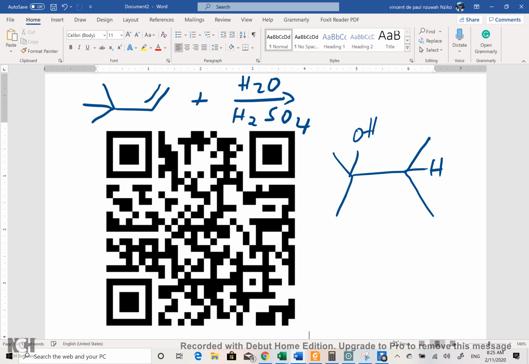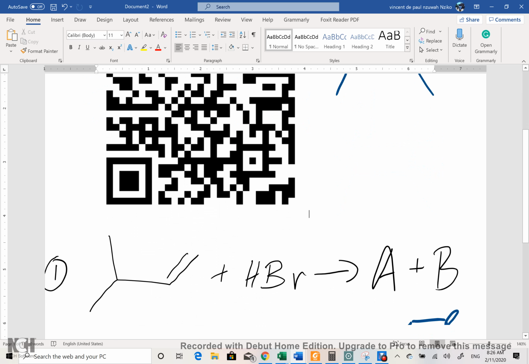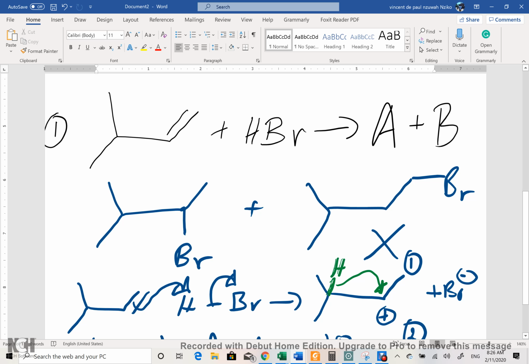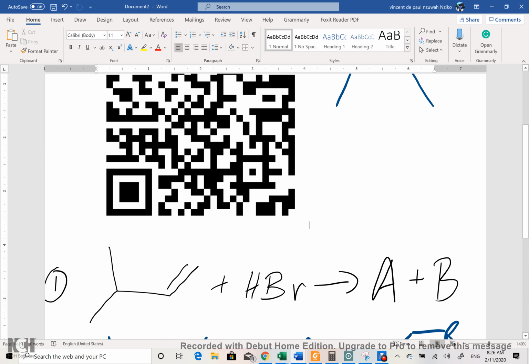Do you have this structure as your answer? Silence means no, right? So let's do the mechanism. Let's do the mechanism and understand why we have that as an answer.